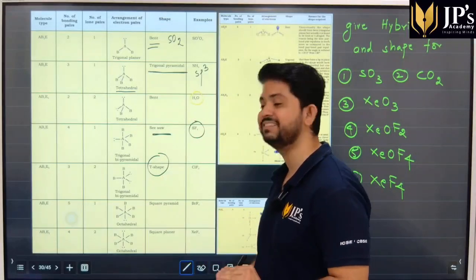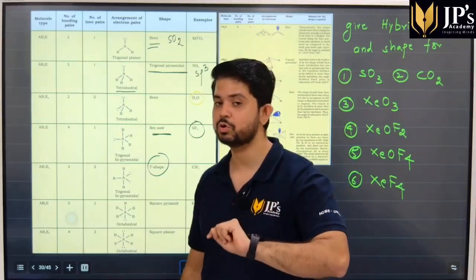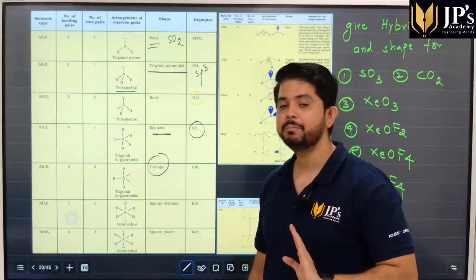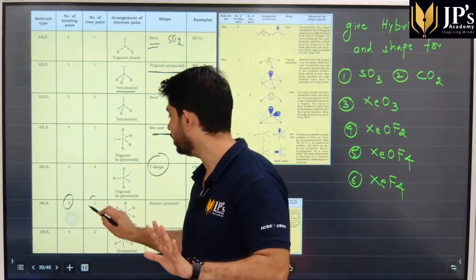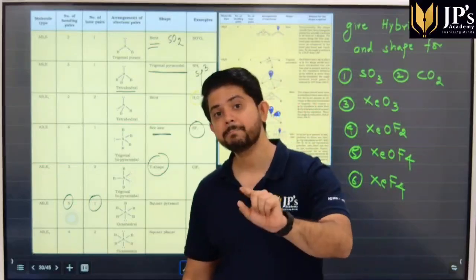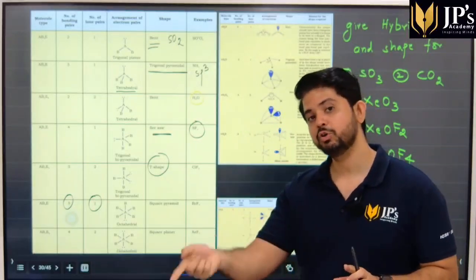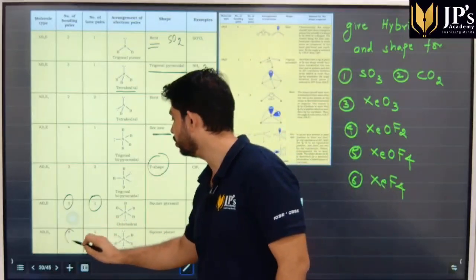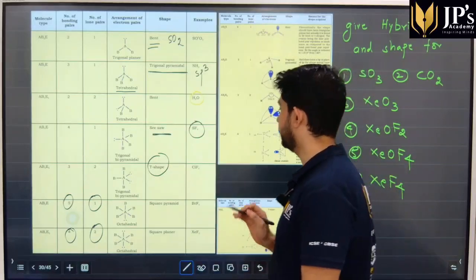Let's go to sp3d2. Now sp3d2, students, SF6 was octahedral. However, let's say if I remove one bond pair and make it one lone pair, so 5 sigma bonds but 1 lone pair, then the geometry becomes square pyramidal. Now I remove one more bond pair, make it a lone pair, so 4 bond pairs and 2 lone pairs, the geometry becomes square planar.